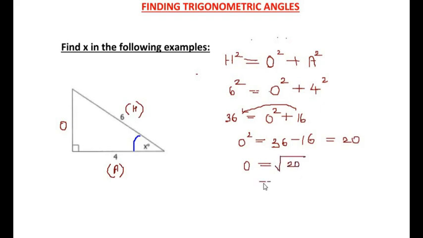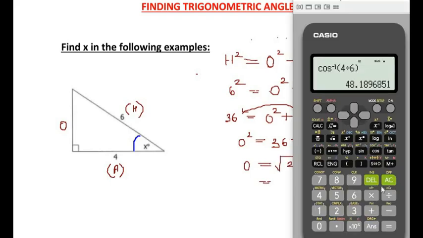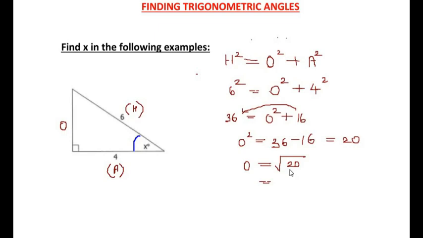So let us see how much is square root of 20. We have square root of 20 as 2 root 5, or changing it to decimals, it is 4.472. Now here we have our opposite as 4.472.